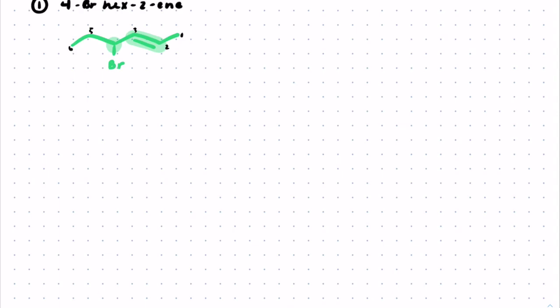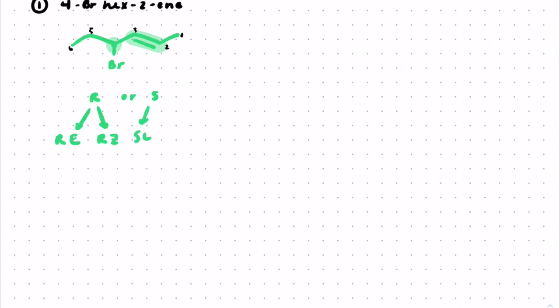So now let's think about what the different possibilities are. For any given chiral center, we can have two possibilities, right? We can have it be an R or an S. And then if we make a tree diagram, like you learned in math class in like 6th grade, we can see that if the chiral center is R, then you could have an R chiral center with an E alkene, and you could also have an R chiral center with a Z alkene.